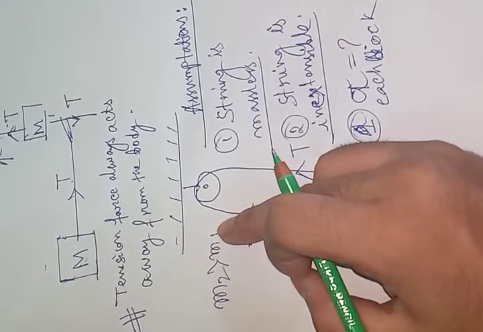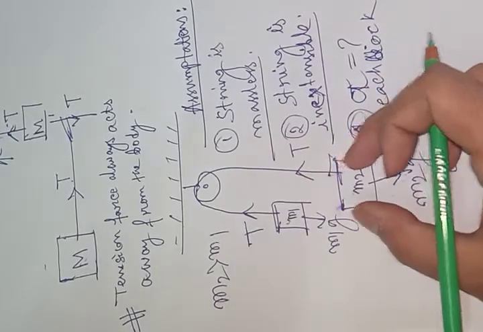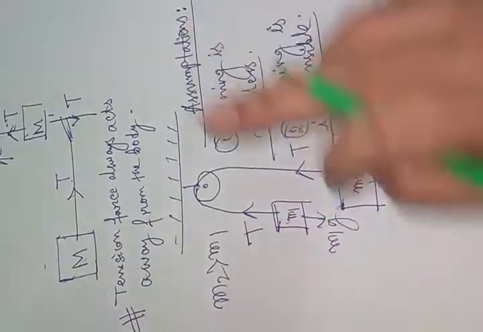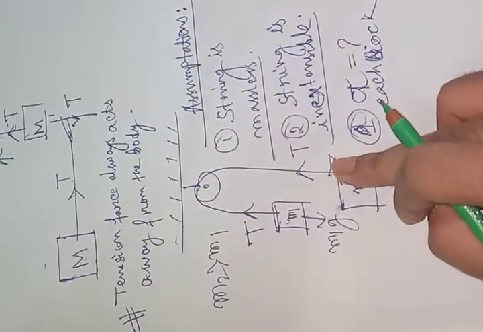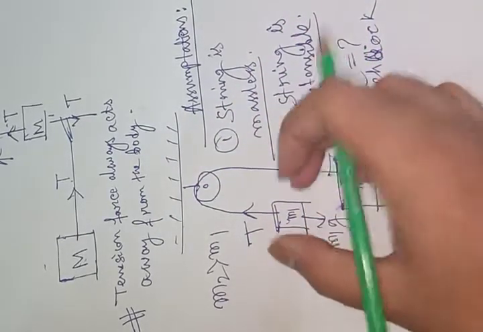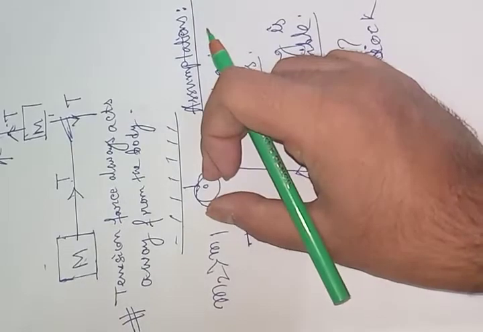Since m2 is greater than m1, this block will go downwards and this will go upwards. Since the string is the same, the accelerations of both blocks will be the same, because the pulley is fixed.